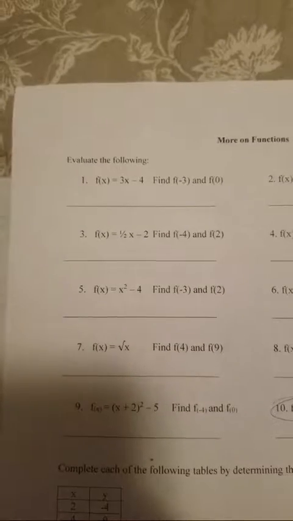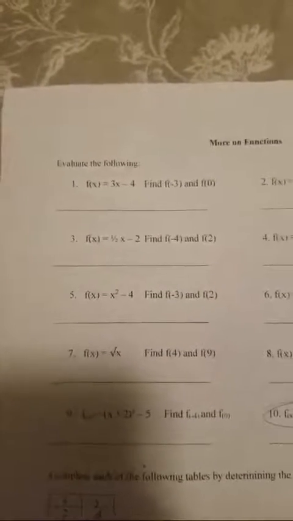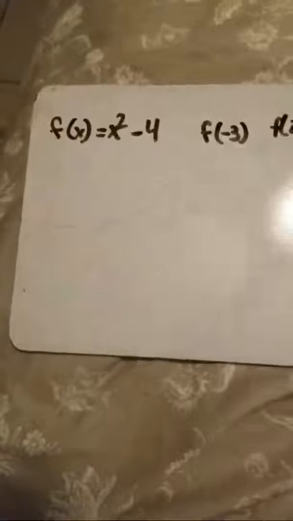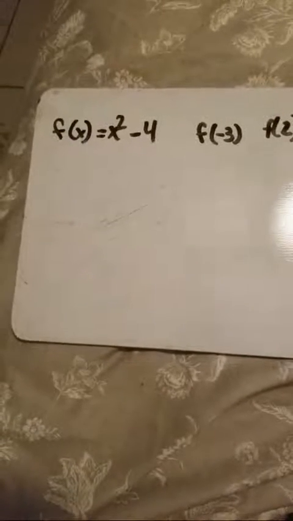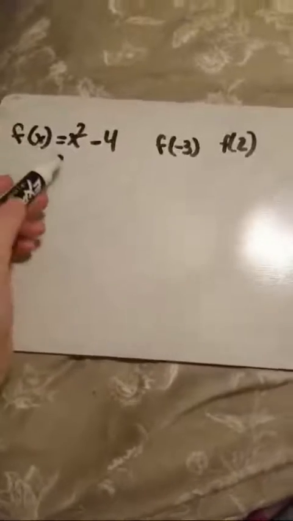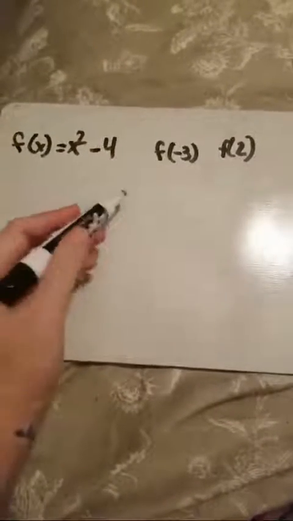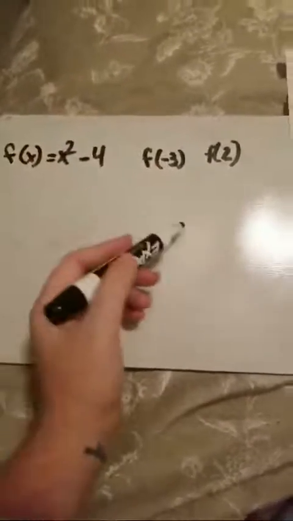And we're going to say f of negative 3 and f of 2. Okay, so this might have tripped some of y'all up on the homework. This is literally two separate equations. It's just asking you to plug in -3 here and solve that, and then it's asking you to plug in 2 here and solve that, and that's all it's asking you to do.